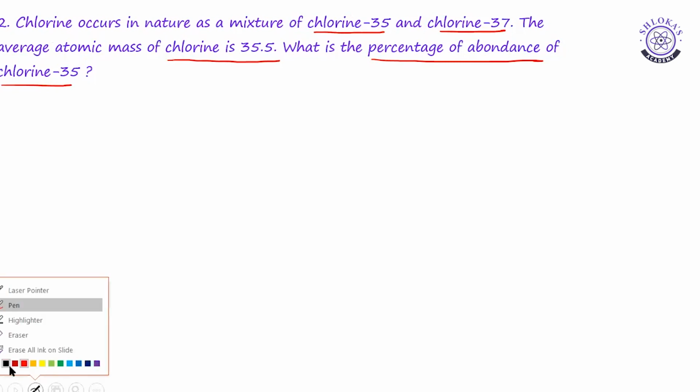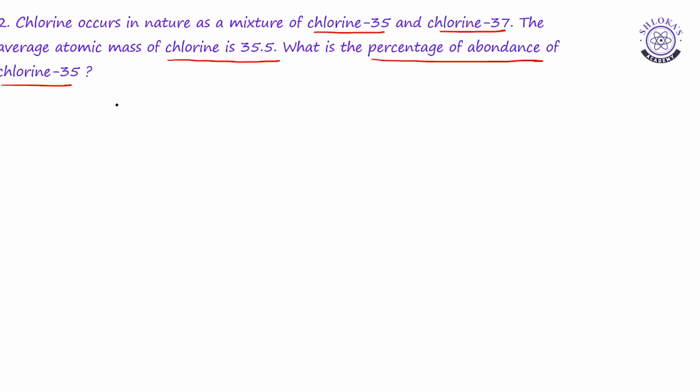Now we don't know the relative abundance of chlorine 35. Let the percentage of chlorine 35 be X percent. Then what should be the 37? It is 100 minus X, right? And apply the formula.